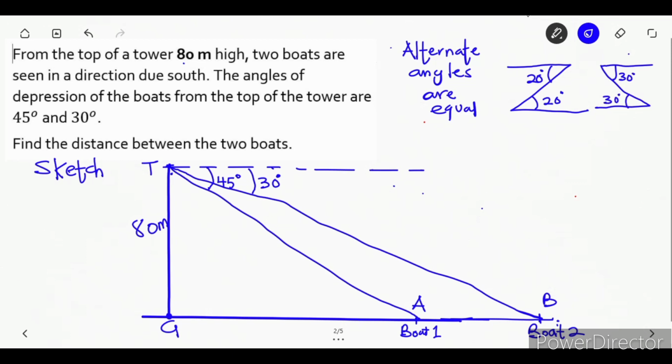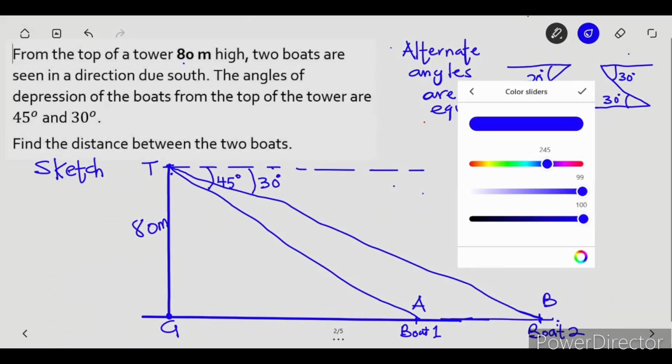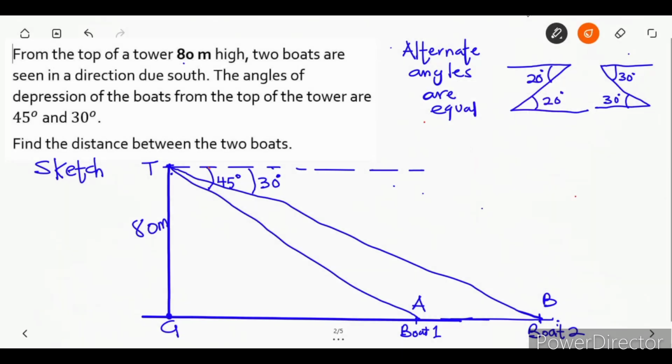So bringing that into the question here, this angle 45 equals 45 here also. Then here also, which is 30, because I can see the Z going straight down this way, I can have this also to be 30 degrees.